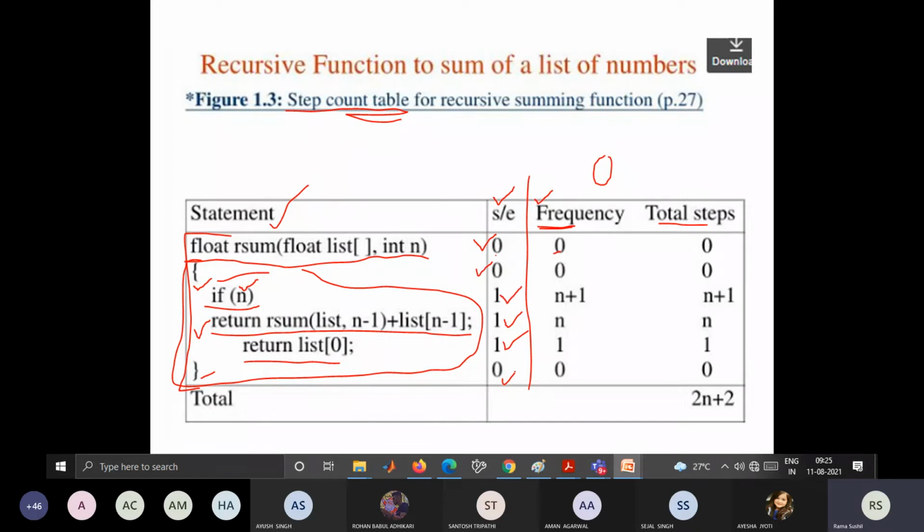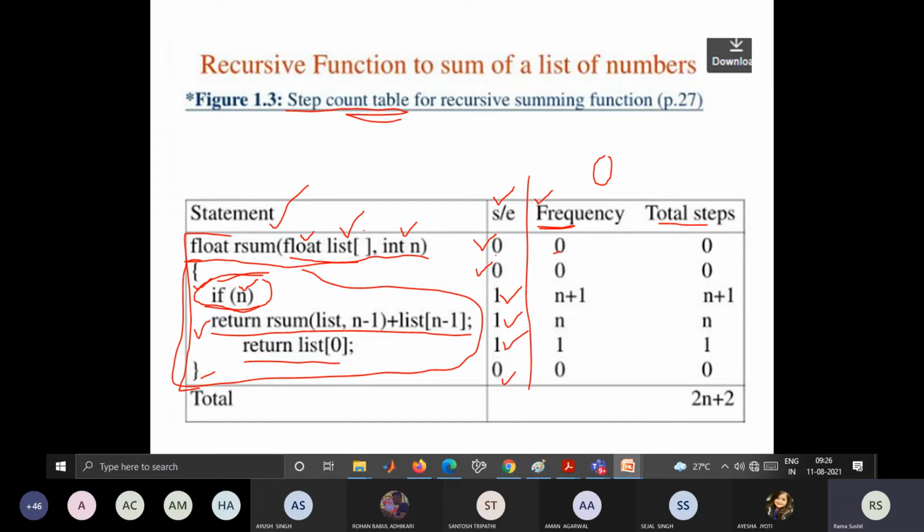You have to give attention to the parameter n, which is changing and controlling the number of times of execution of different statements. Like here you see there is a conditional statement. I think it's very obvious. It has one array named list, data type float, and a variable n for the size of this array.